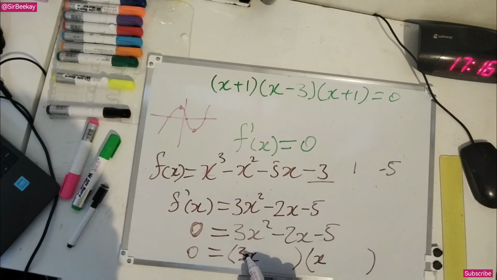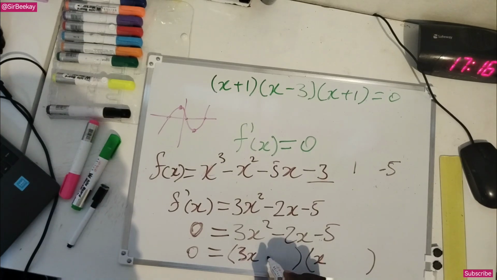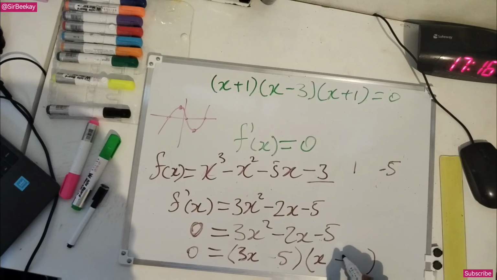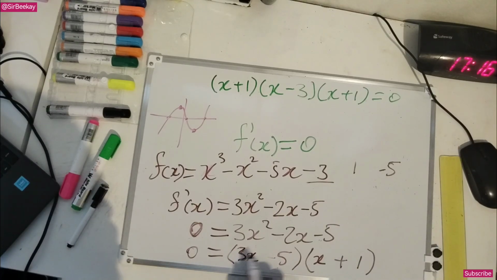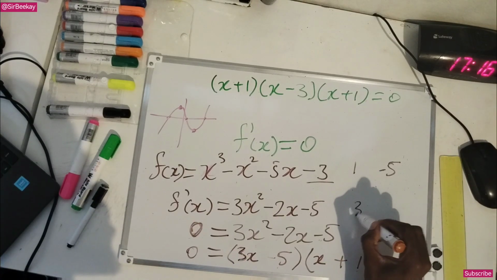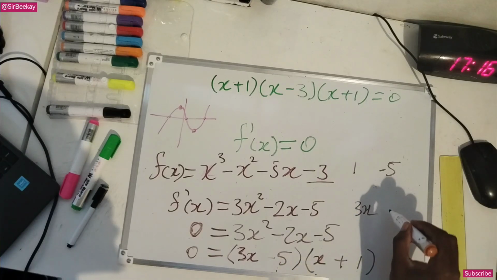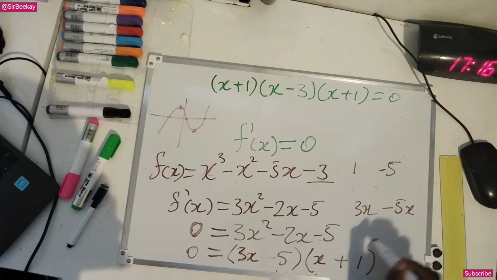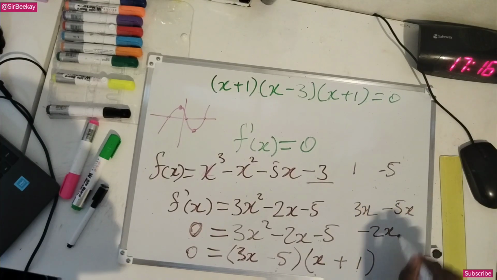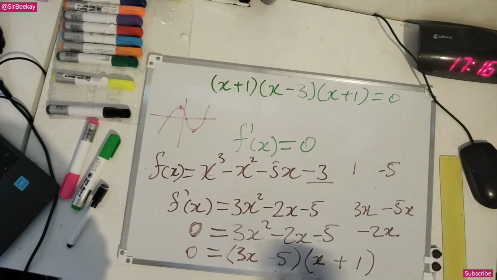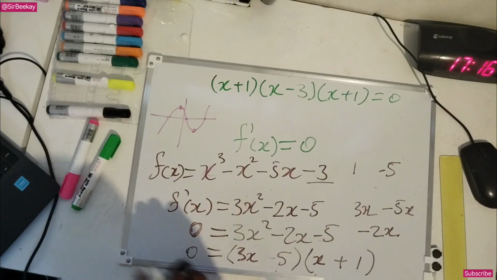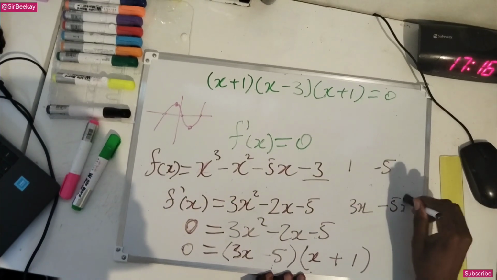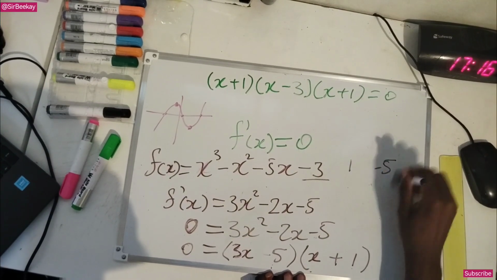Okay, let's say negative 5 plus 1. This time this is going to give me 3x. This time that's going to give me minus 5x. What is the difference of these two numbers? It's minus 2x. Therefore, it goes back to this. So this is correct. You know what this tells me?